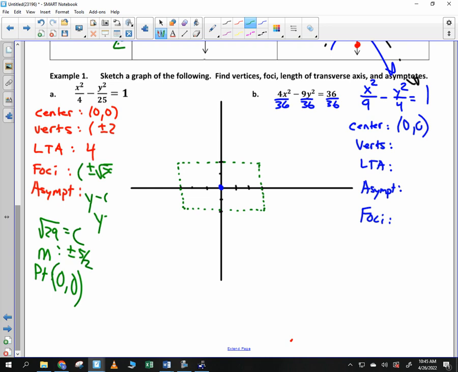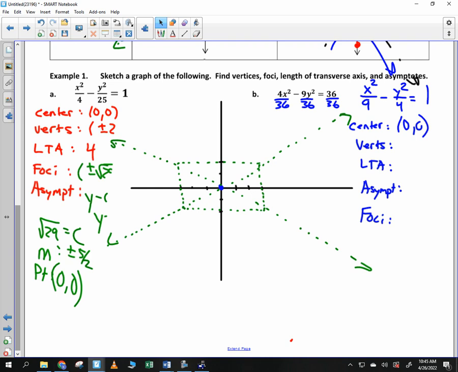And I can draw the asymptotes through it right now. And that's the structure I need in order to make my graph.